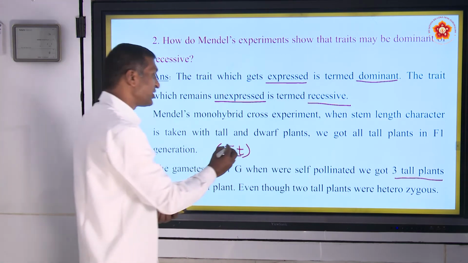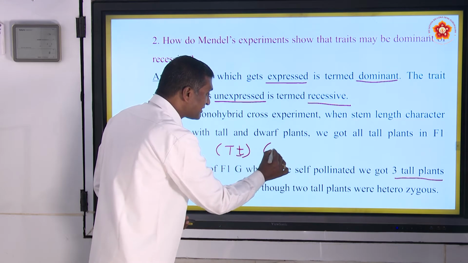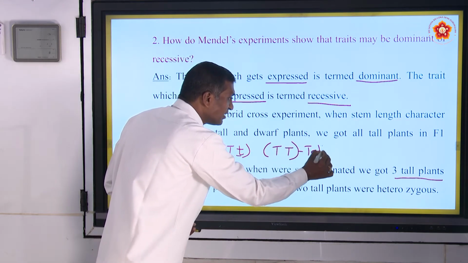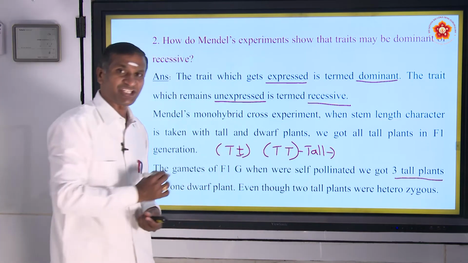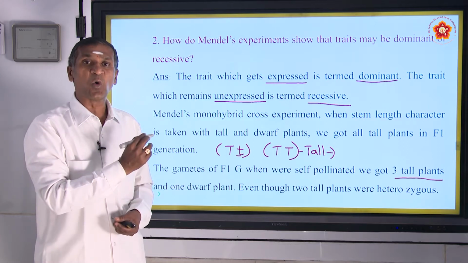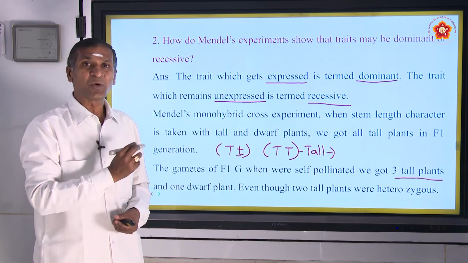I already mentioned this to you all. Recollect, here I am writing: if it is capital T, no doubt it is tall. Both are capital T's only, both are gametes of the tall, so it is homozygous.